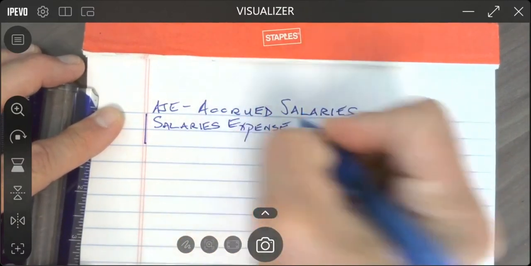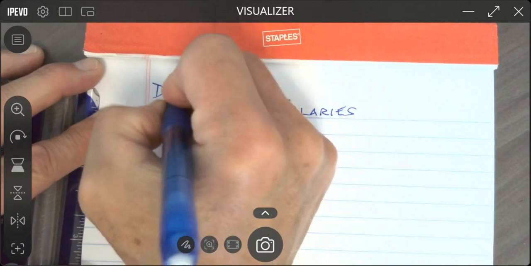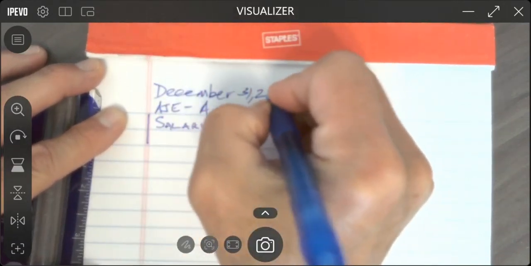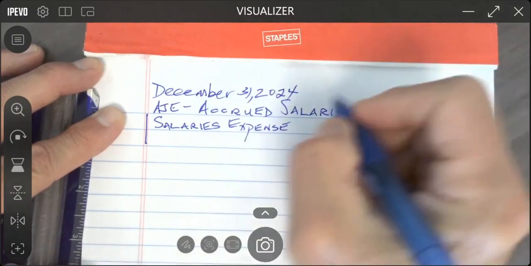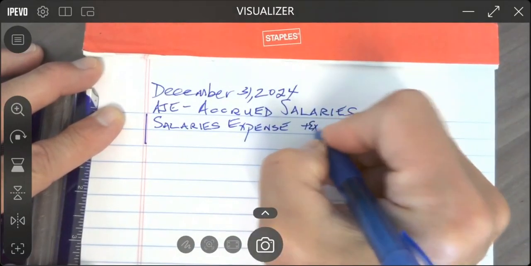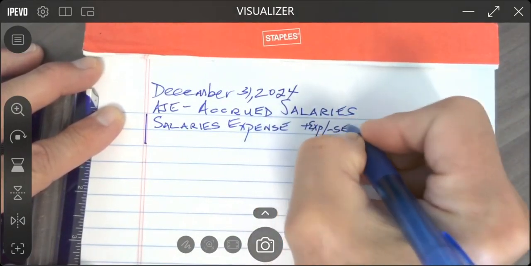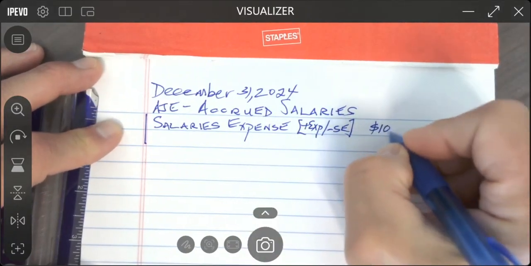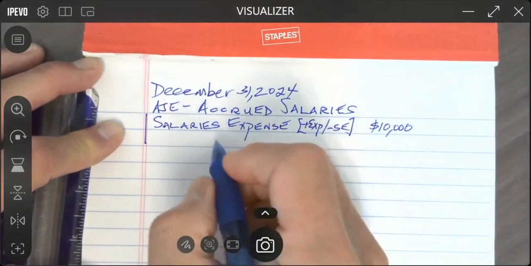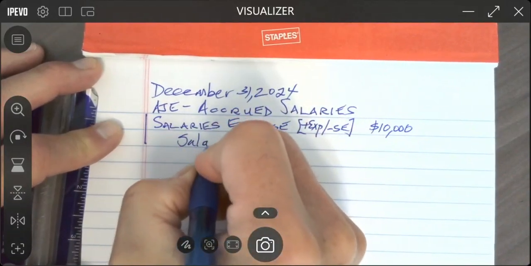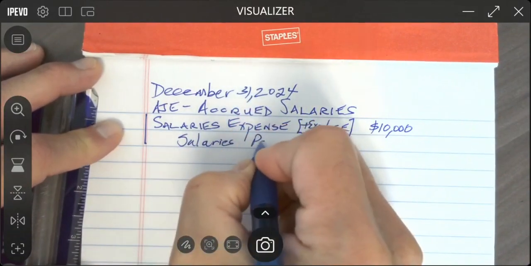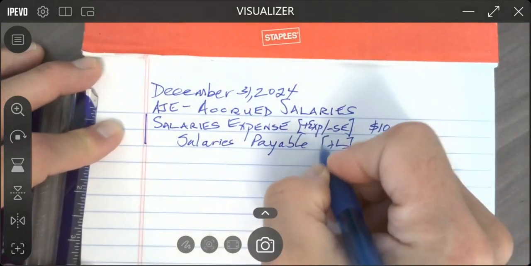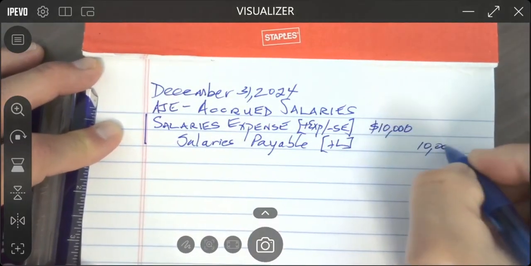Of course, this is done on December 31, 2024. That's plus expense, minus shareholders' equity when it's closed to retained earnings, for $10,000. And salaries payable, plus liability, credit for $10,000.